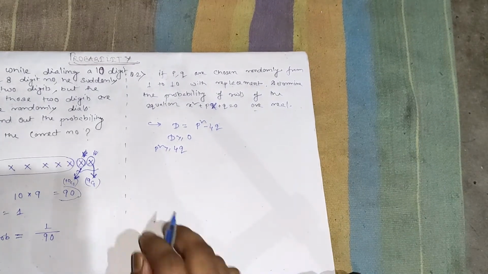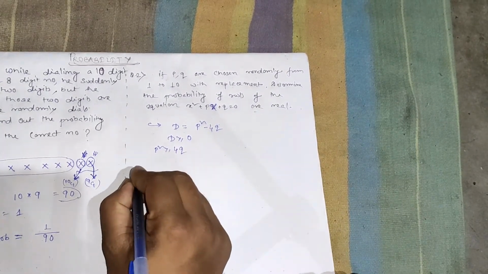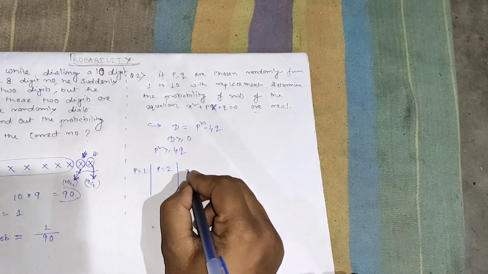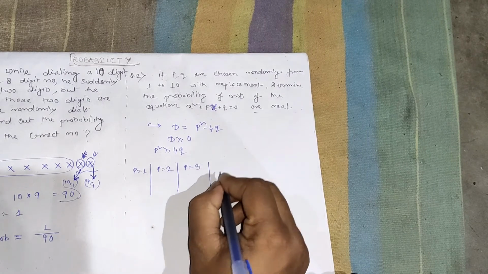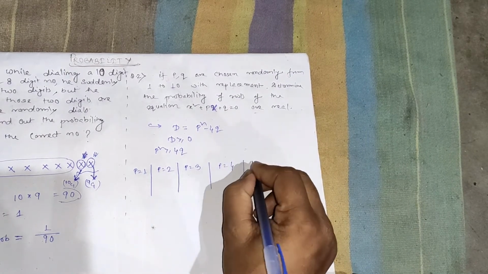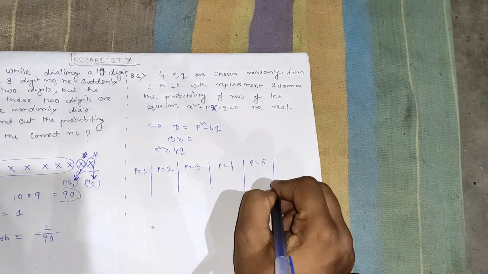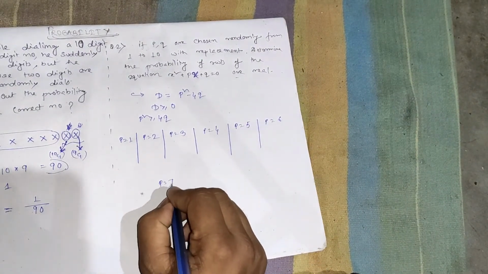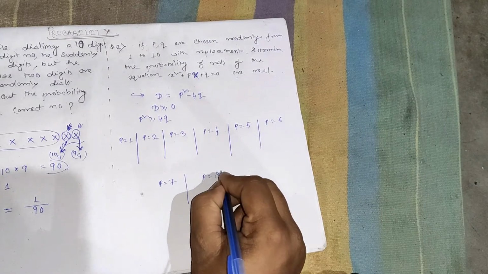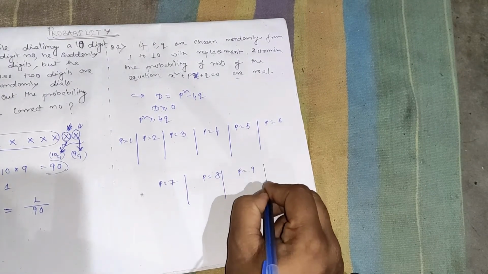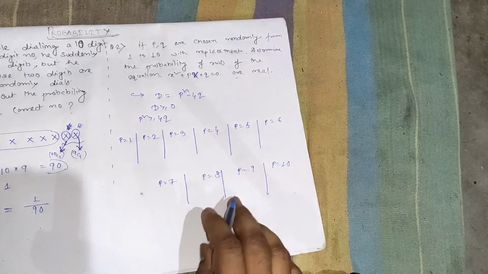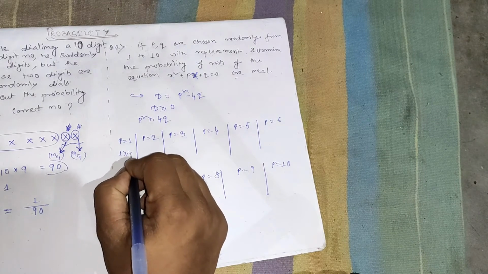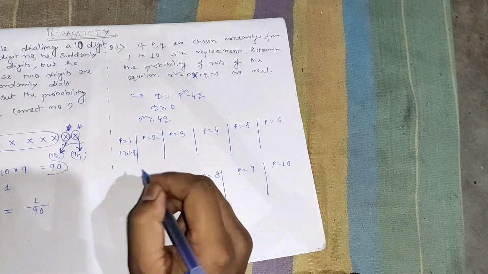Now I have to take choices, that is when p equals 1, p equals 2, p equals 3, p equals 4, p equals 5, p equals 6, p equals 7, p equals 8, p equals 9, and p equals 10. So when p equals 1, then 1 greater than or equal to 4q, so there is no q.